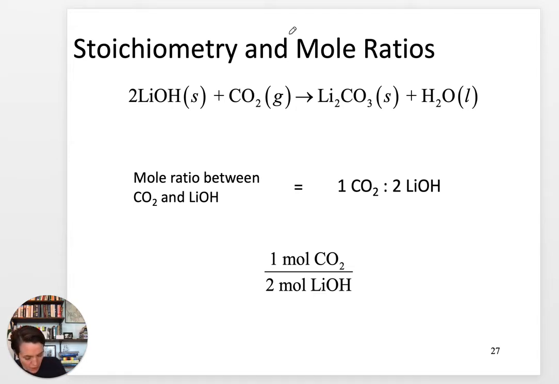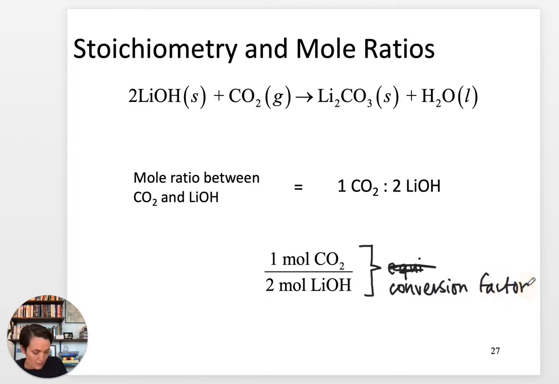So one example of a mole ratio would be between our carbon dioxide and our lithium hydroxide. So we have 1 mole of carbon dioxide for every 2 moles of lithium hydroxide. Now, this is essentially an equivalency statement. Or let's actually call it just a conversion factor. Right, and this conversion factor is specific to the balanced chemical reaction.